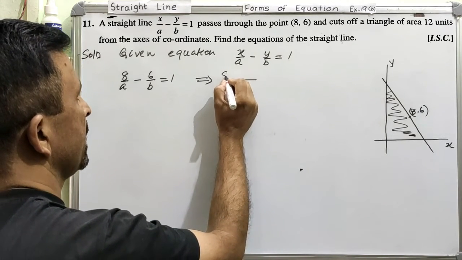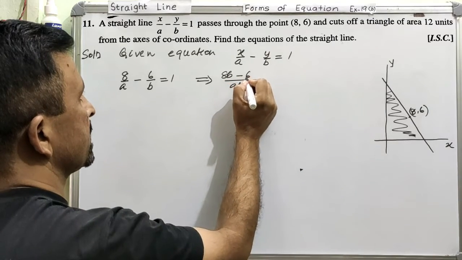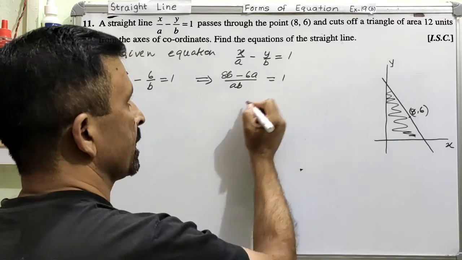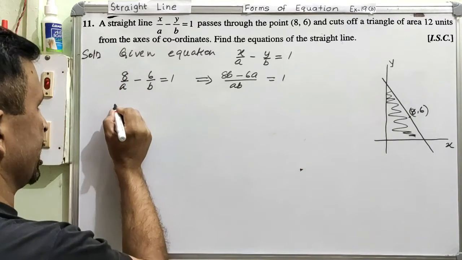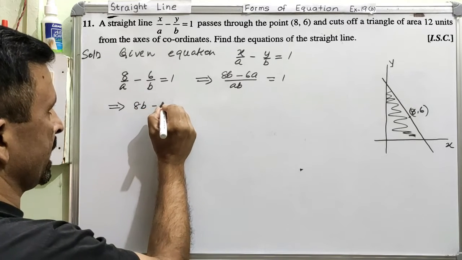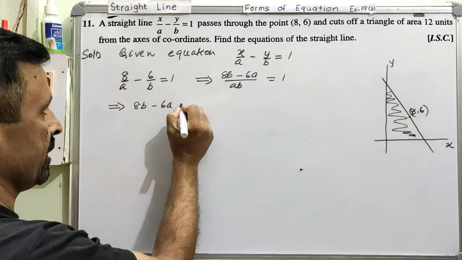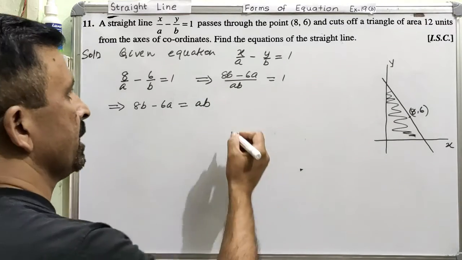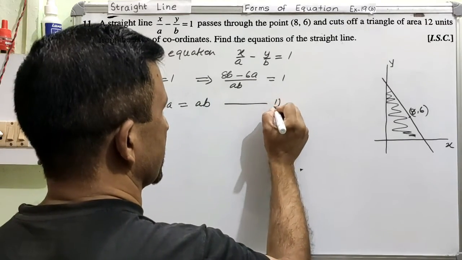And this is 8b minus 6a is equal to 1. Clear? Cross multiply and get this equation as 8b minus 6a is equal to ab. Is this okay? And now name this equation as equation number 1.